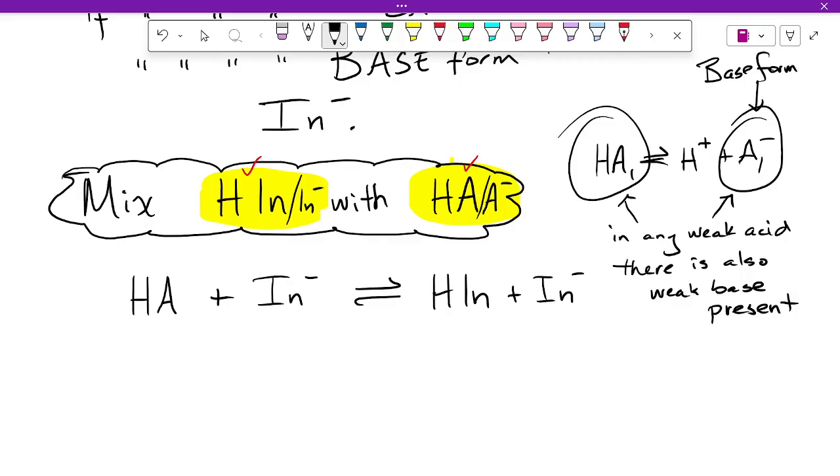It goes on the left. Because remember, conjugate acid-base pairs are on opposite sides of the equilibrium.